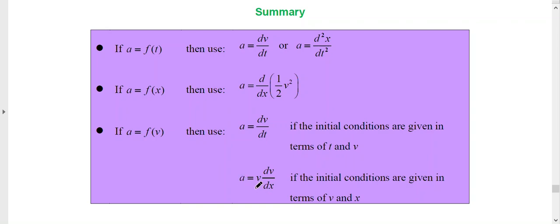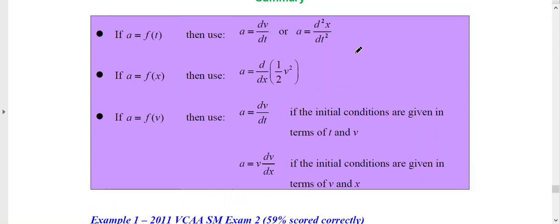Acceleration equals v multiplied by dv dx. And of course, looking at the derivative, it's a derivative of v with respect to x. So we would use this one if the initial conditions are given in terms of v and x. Okay, so we've got four formulas now, and you can use this summary to help pick the correct version of the formula that you should be using.